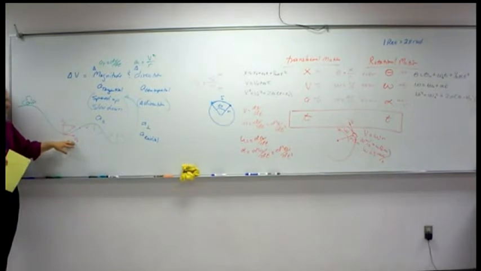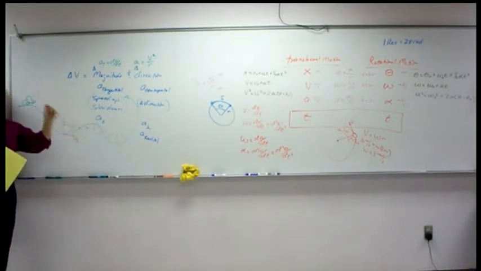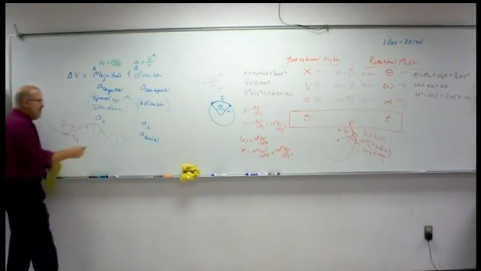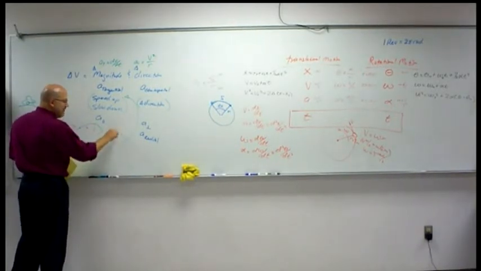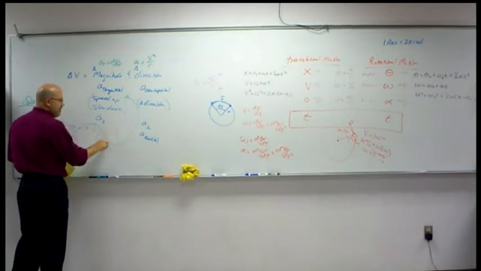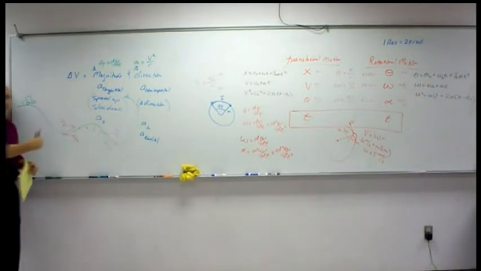Why is it speeding up? To be able to go up the hill. Well, but which way is the car going? The car is going this way, and it's accelerating that way, right? So therefore, it's speeding up. But what if it was accelerating this way tangentially? And this is the centripetal. Now it's slowing down because it's traveling this way, but it's accelerating in the opposite direction. That means slowing down, right?